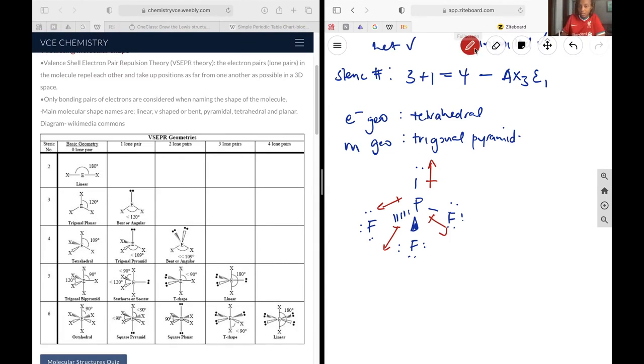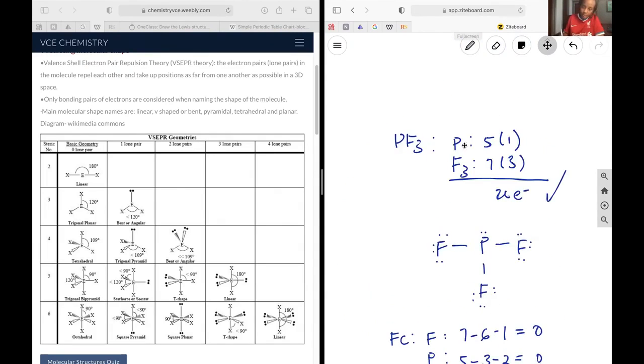And so additionally, this dipole will have a different magnitude, and so obviously these 3 won't cancel. The 3 fluorines will add up to a vector pointing down, and then I have a different vector pointing up. So these 2, different magnitude and opposite direction, will not cancel. And so my net dipole moment is not 0, sorry. And so this molecule will be polar. Let's just go ahead and add that up here.